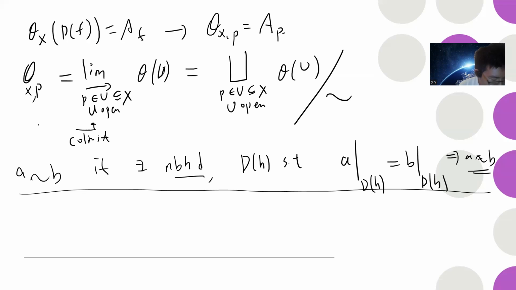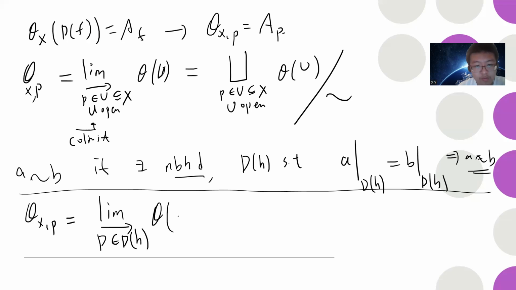Okay. So obviously I can define this O_X(D(h)), only focusing on a distinguished open set. I can write it as the limit over P that belongs to D(h) of A_h.